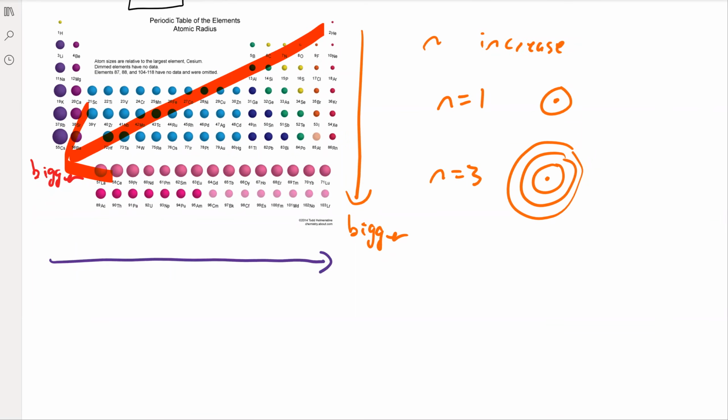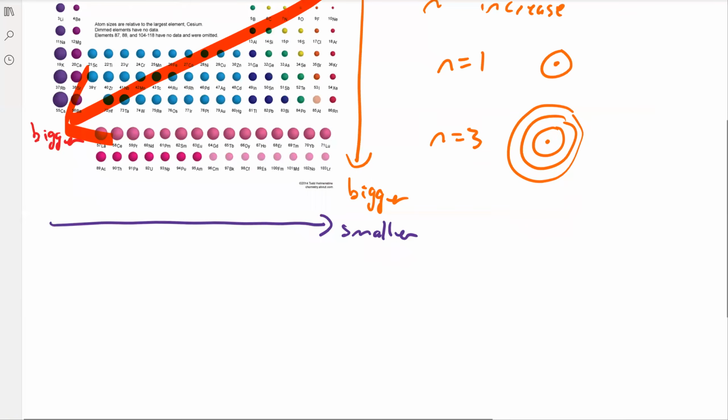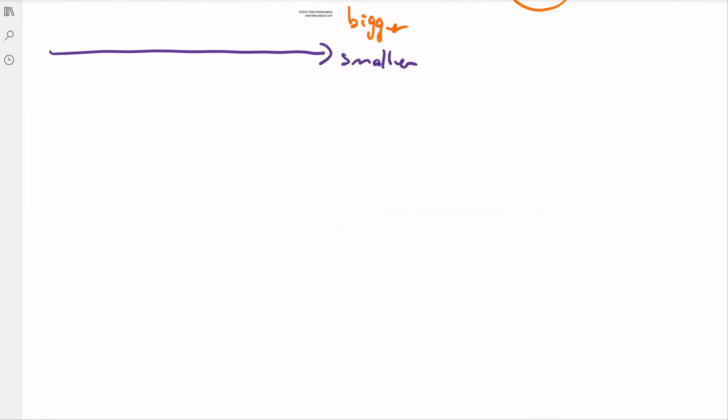The other trend that's a little bit weird is when we go left to right, we get smaller. So even though when we're going left to right, we're adding electrons to our atom, we're actually getting smaller. So let's take a look at why and try to make this nice and logical. And that has to do with Z effective, which is the effective nuclear charge.